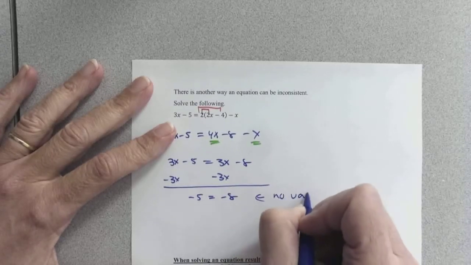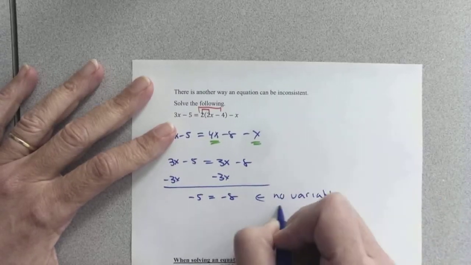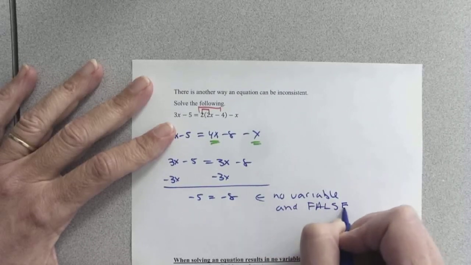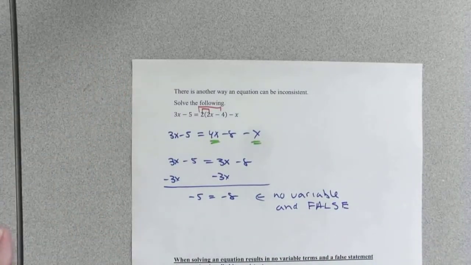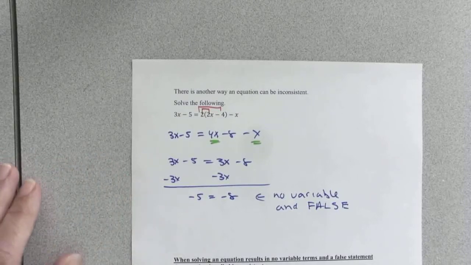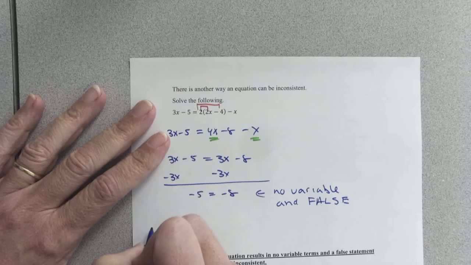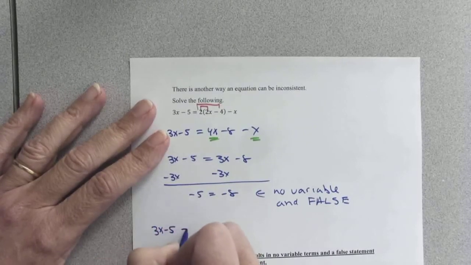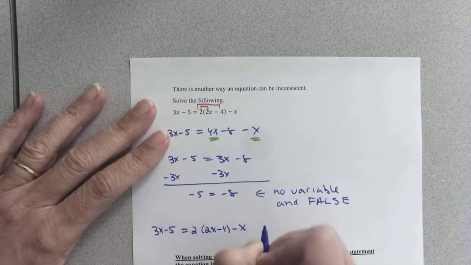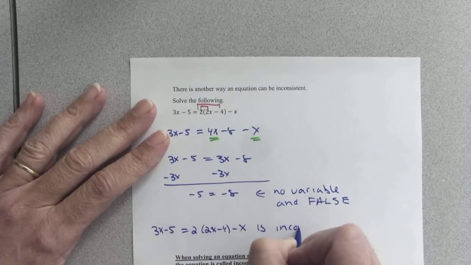No variable, and false. At least in the world that we generally live in, -5 does not equal -8. When that happens, that means that our original equation is inconsistent.